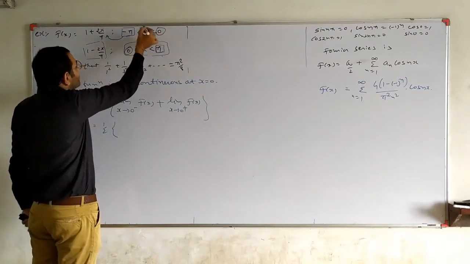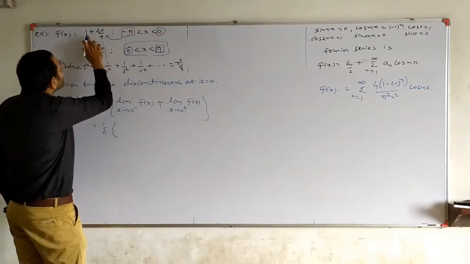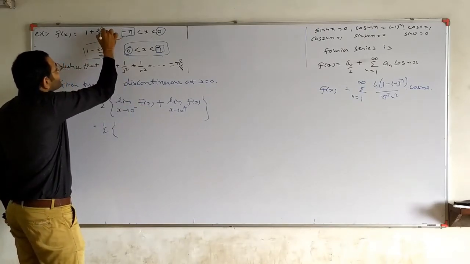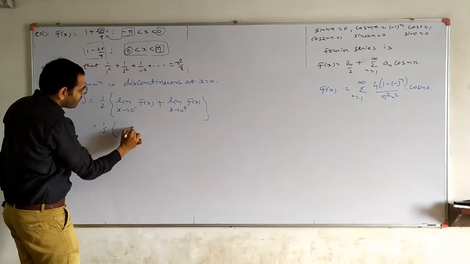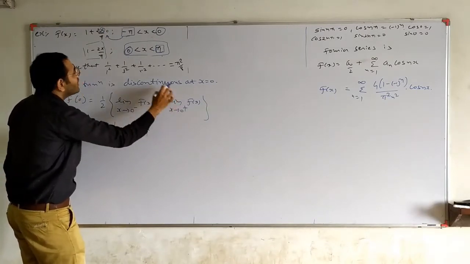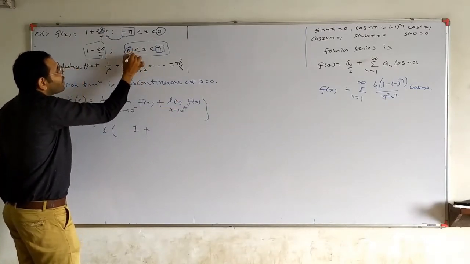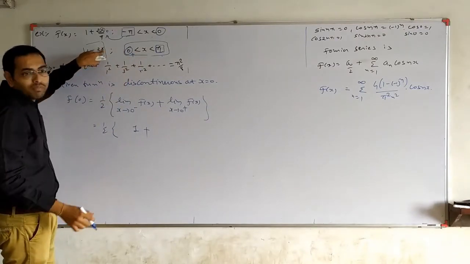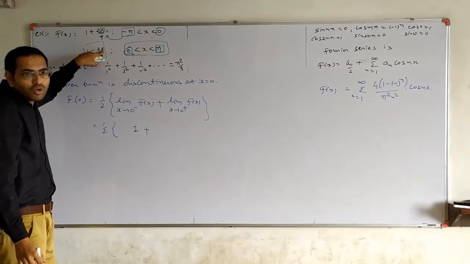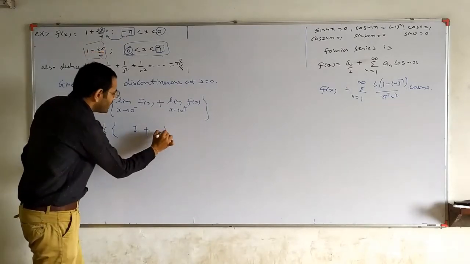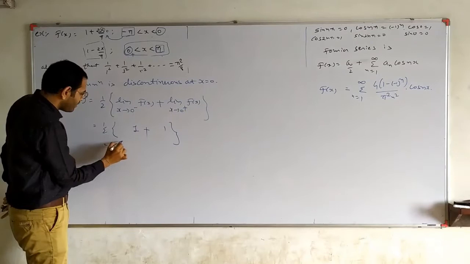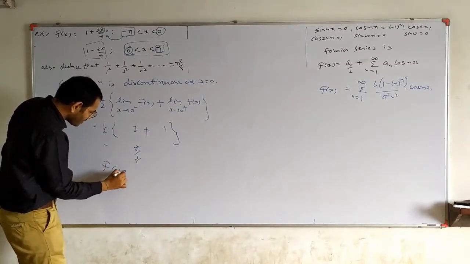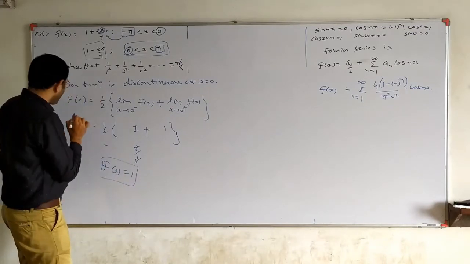Before the 0, the function has value 1 plus 2x by pi. Replacing x with 0, 0 into anything is 0, so the value is 1. After the 0, the function has value 1 minus 2x by pi. Replacing x with 0, 2 into 0 is 0, then 1 minus 0 is again 1. Then 1 plus 1 is 2, divided by 2, that cancels. So at 0 the function has value 1.